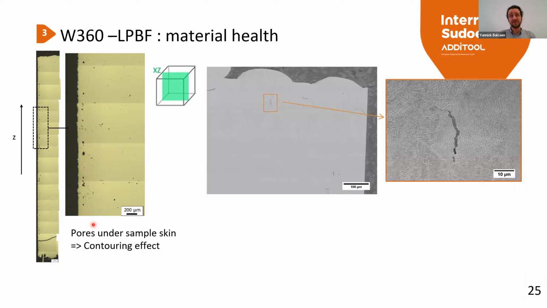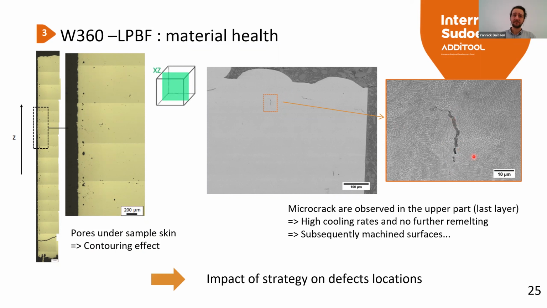Another defect that we observe, this time on the top of the build, is some micro cracks. You have here different photographs with an etched sample where you can observe the shape of these cracks. But this surface will be subsequently machined, so it's not a very important issue in this material.